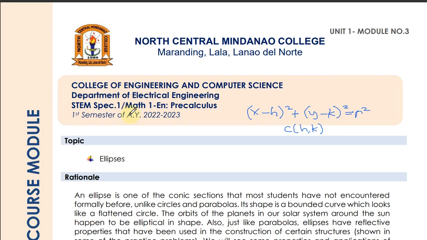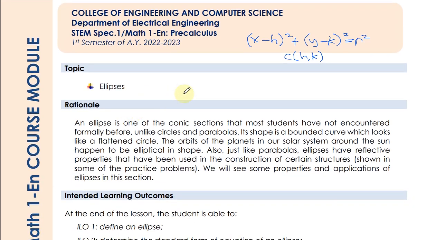So now let us learn another kind of conic section, which is the ellipse. So what is an ellipse? Ellipse is one of the conic sections that most of you may not have encountered formally before, unlike the circles and parabola. So maybe some of you are not familiar with ellipses.